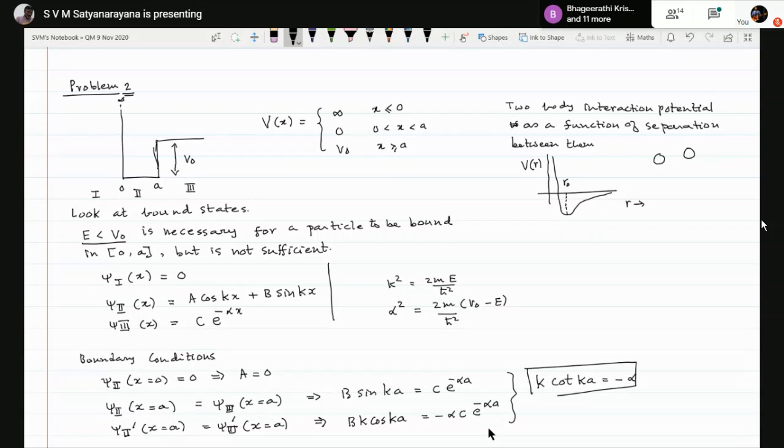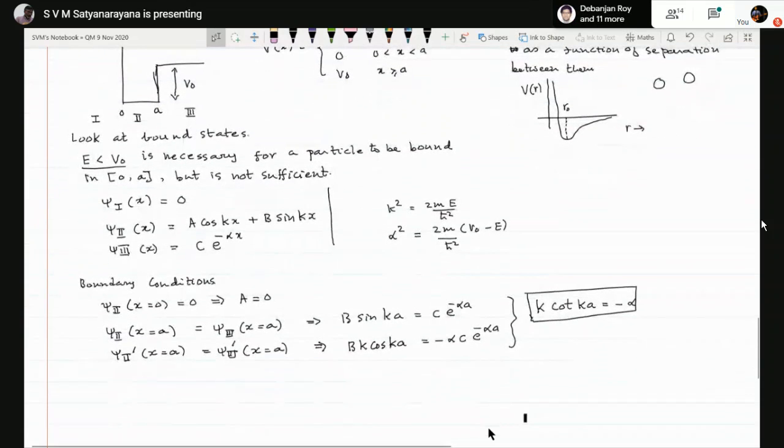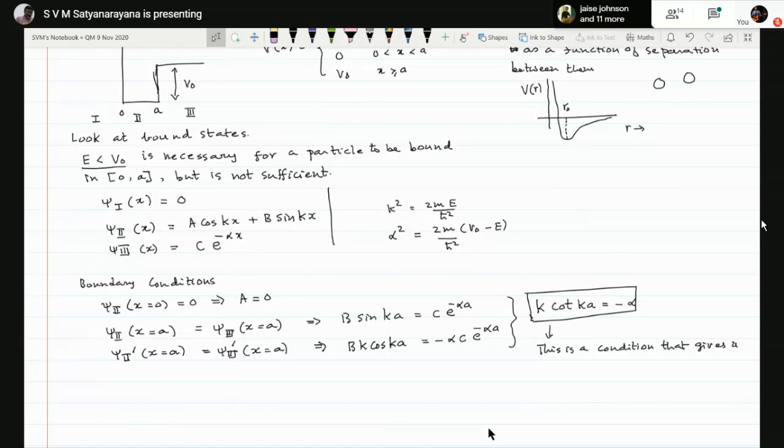Now recognize that this condition gives us allowed values of A.